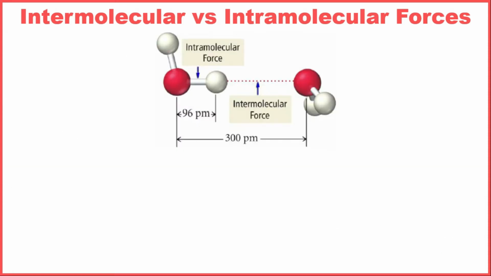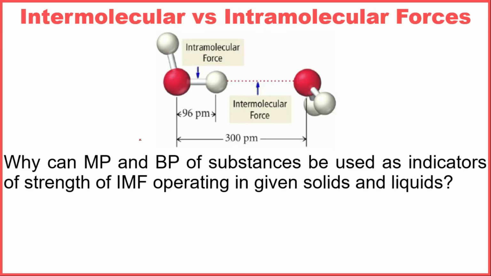So, for example, to break an OH bond in water, the water must be heated to thousands of degrees Celsius. Meaning, to completely overcome the intermolecular forces, all you have to do is boil it, right? At 100 degrees Celsius. Now, the question is, why can melting points and boiling points of substances be used as indicators of strength of intermolecular forces operating in given solids and liquids?